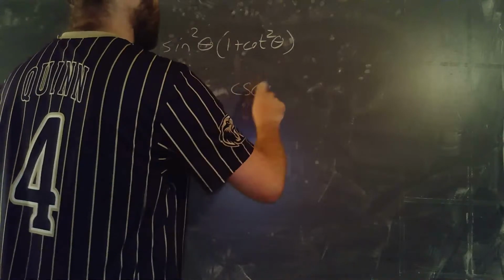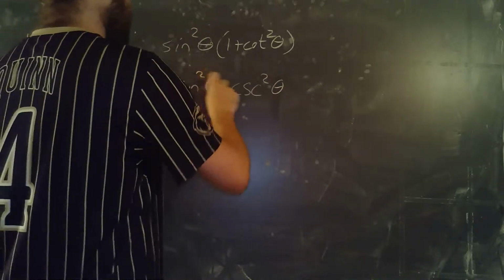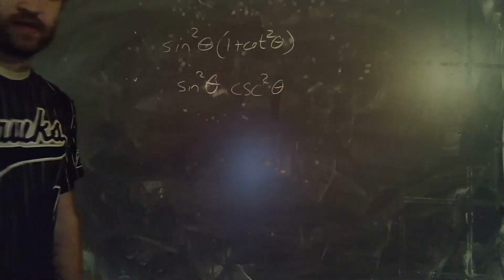So if we notice what 1 plus cotangent squared is equal to, well, we can check our identity sheet or maybe the pink sheet tomorrow and see that 1 plus cotangent squared is precisely cosecant squared of theta. So that leaves me with sine squared of theta times cosecant squared of theta.